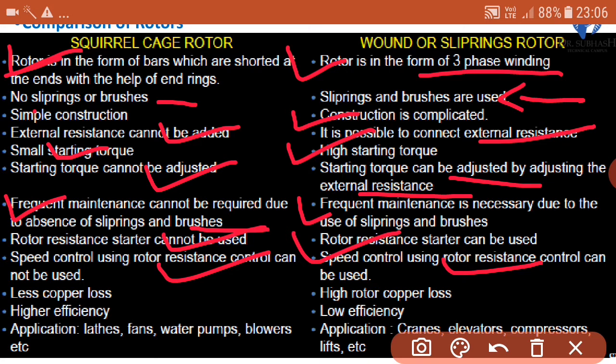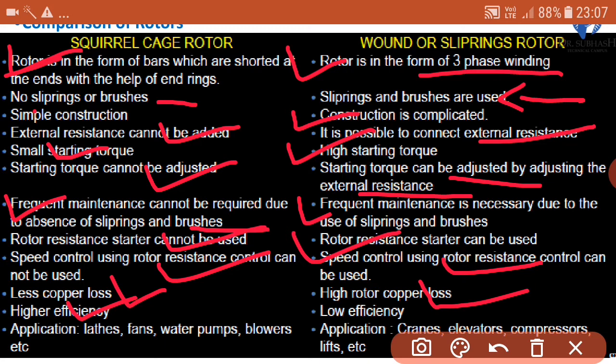Less copper loss. Copper loss is less in a squirrel cage rotor, and rotor copper losses are high in a wound or slip ring rotor. Efficiency is high in a squirrel cage rotor because the losses are less. So efficiency and losses are inversely proportional.